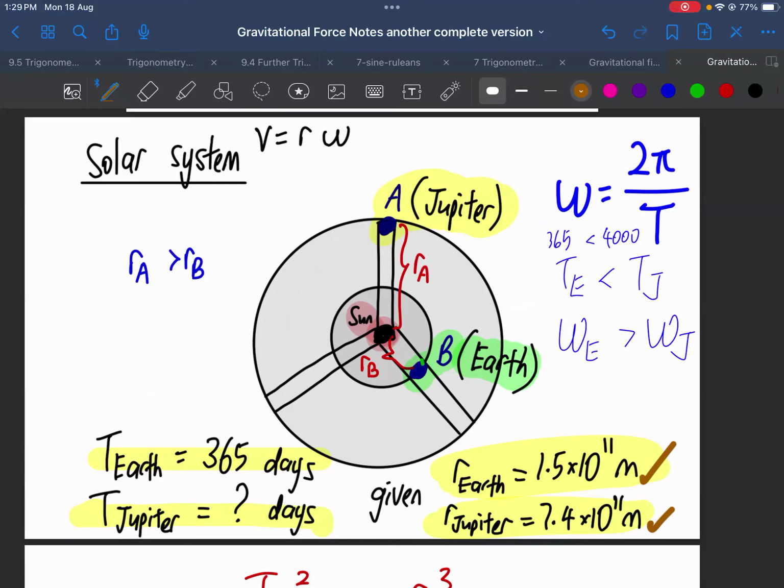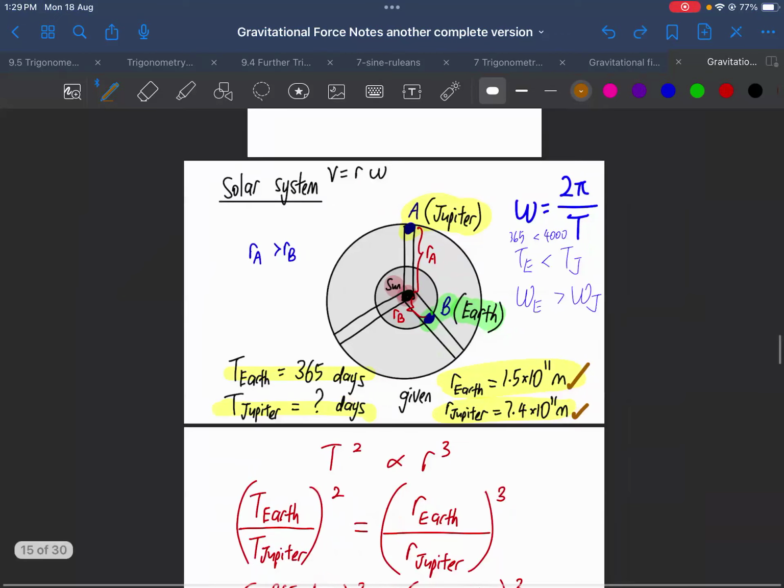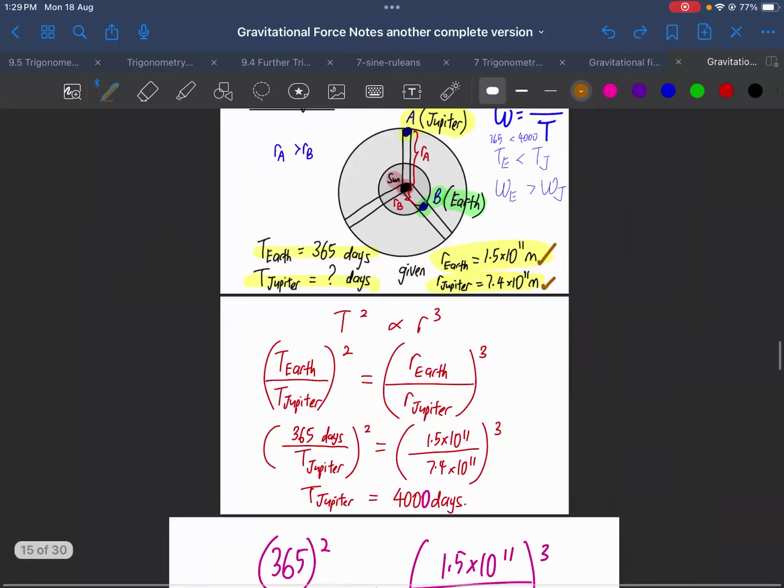We know that the Earth takes 365 days to complete one circle. What about Jupiter? How many days does it take for Jupiter to complete one revolution? Well, we can do something like this. Have a look.